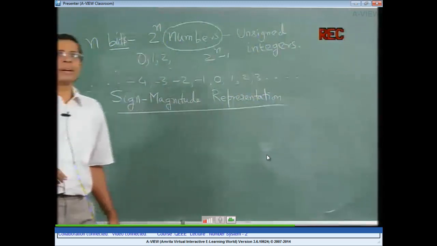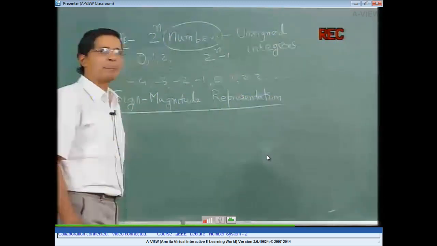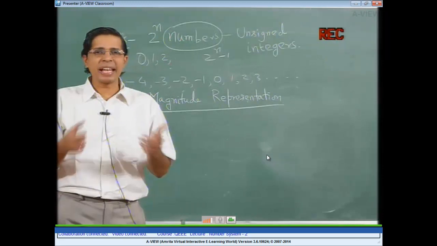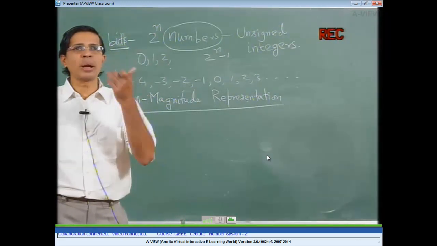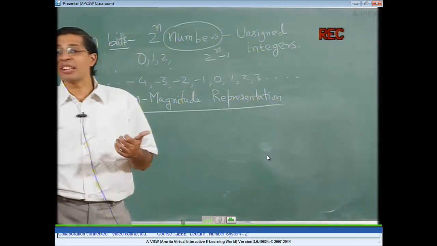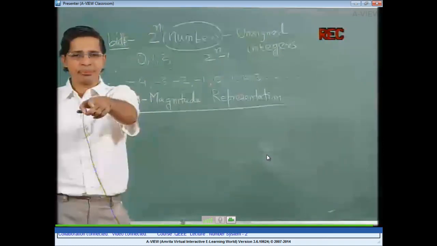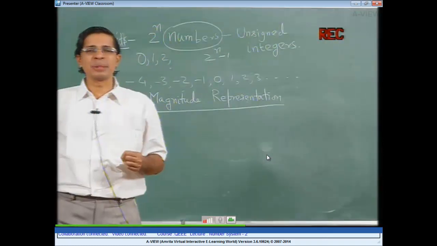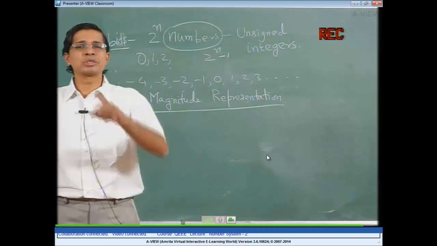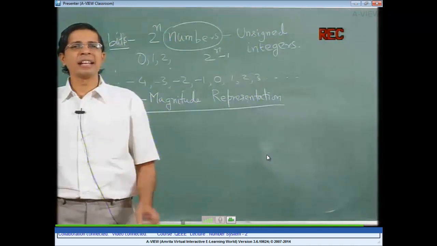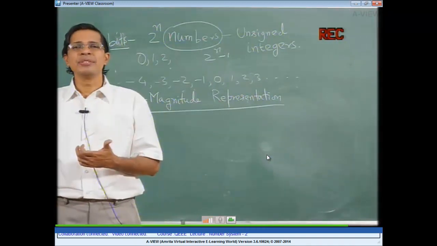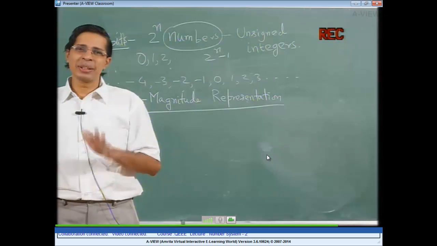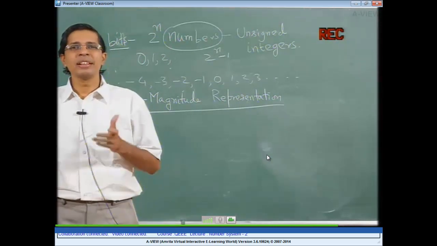What do we understand by this sign magnitude representation? In the entire representation, there will be one bit which is the most significant bit, which is associated with the sign, and the remaining bits will be associated with the magnitude.